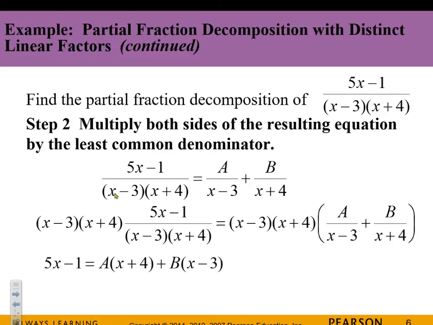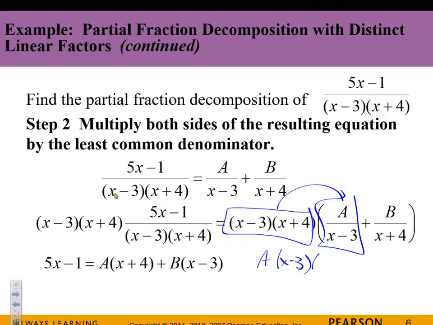Okay, so if I were to distribute these to the first term, I would end up with A times x minus 3 over x plus 4, correct? And then the bottom I would have x minus 3. Well, what happens with my x minus 3s? They make a 1. So we were just getting rid of some of that extra work there.